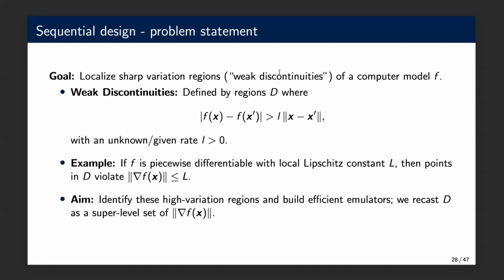L is a certain rate of change of the function, in a very standard way the Lipschitz constant, and if we go beyond this rate, the function changes quite differently from other regions.